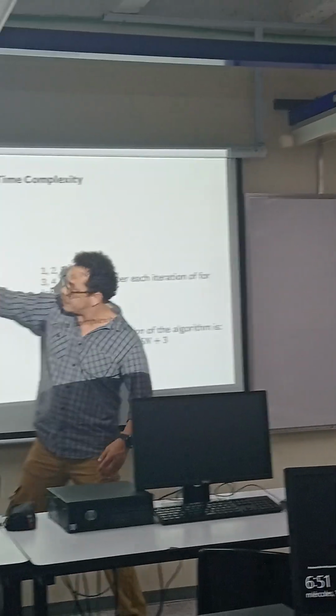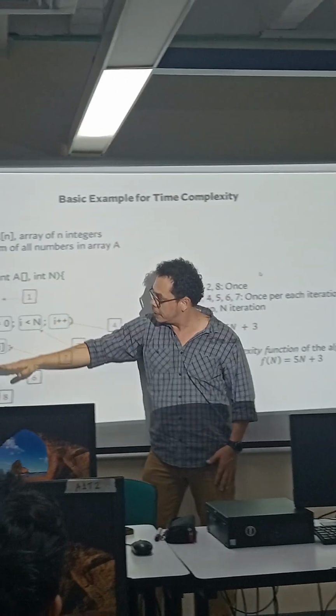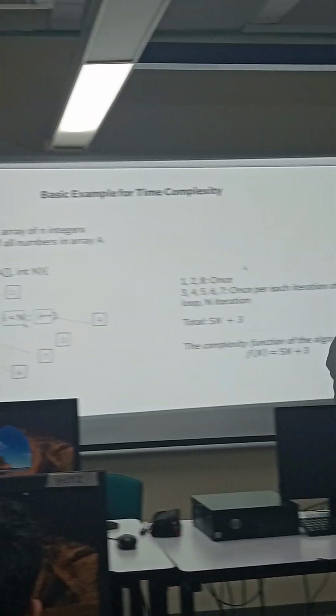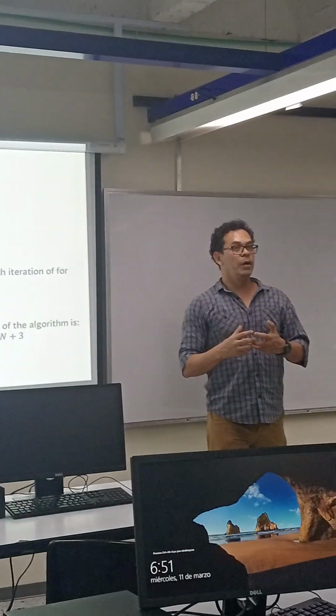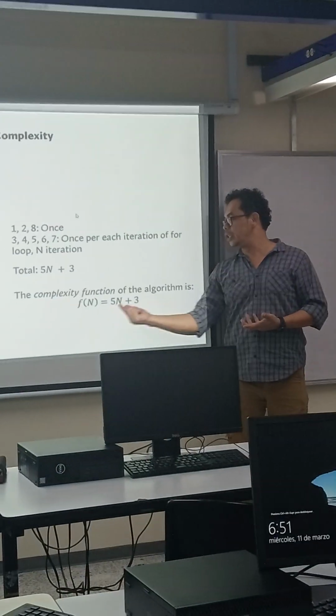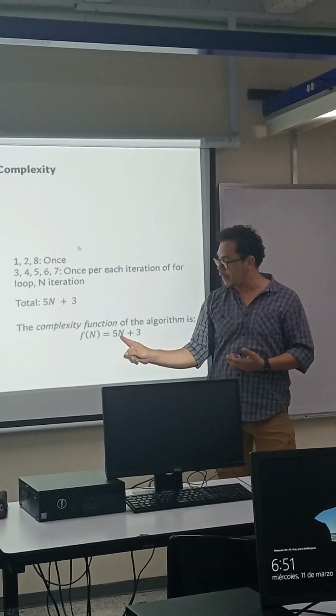For example, this one that is only one time, this one, and this assignation. Then, for every algorithm, we can have a function that defines how many instructions we need to process n data.